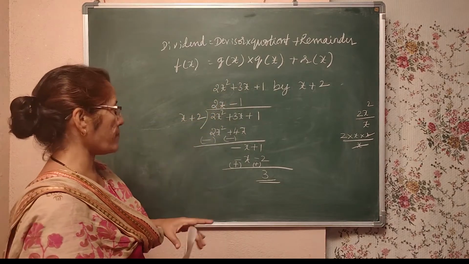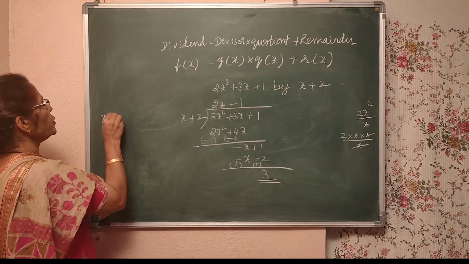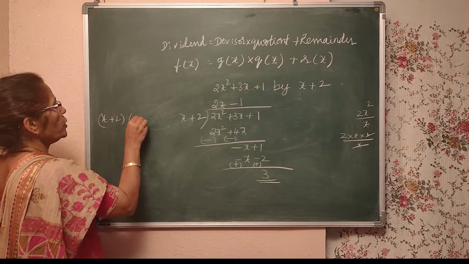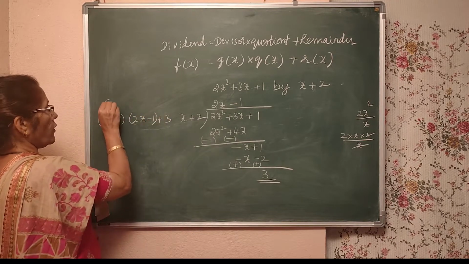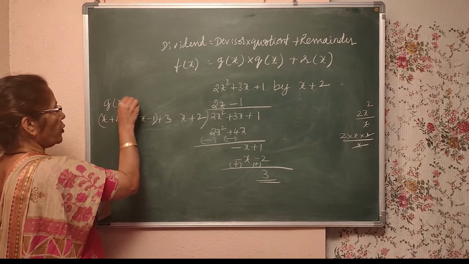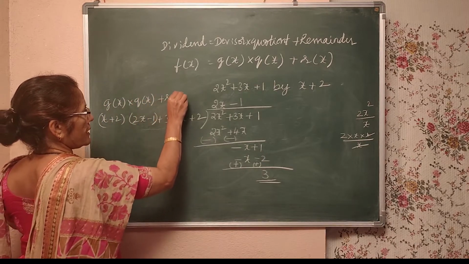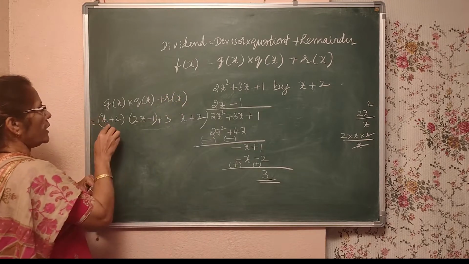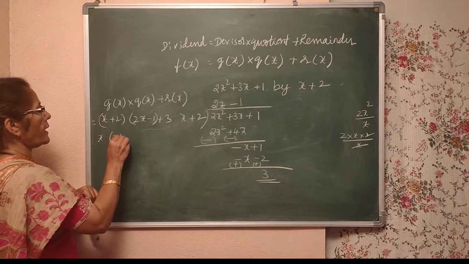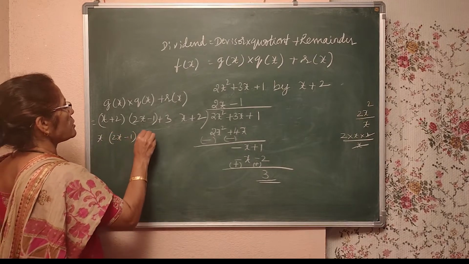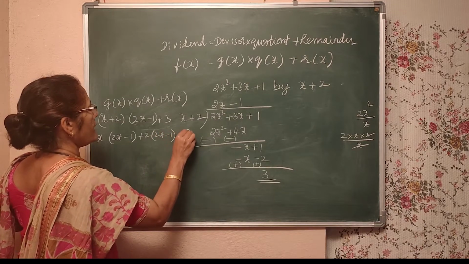Shall we verify? How to do? x plus 2 into 2x minus 1 plus 3. That is g of x into q of x plus r of x. We'll take a very simple way: x into 2x minus 1 plus 2 into 2x minus 1 plus 3.